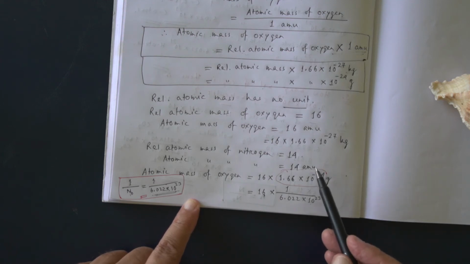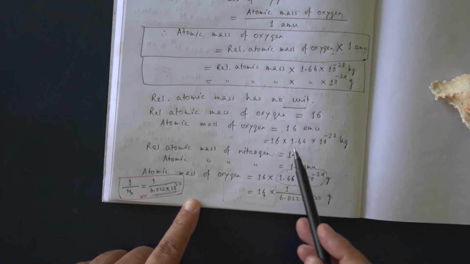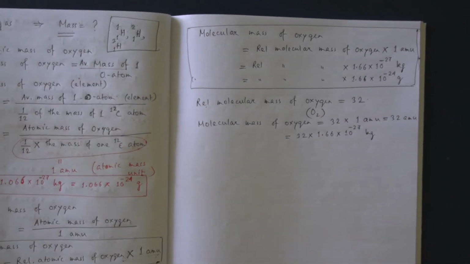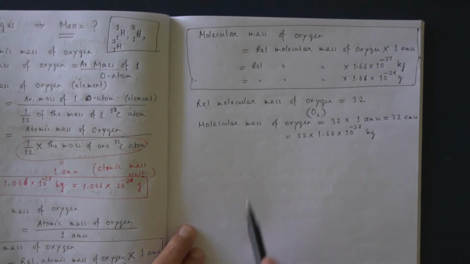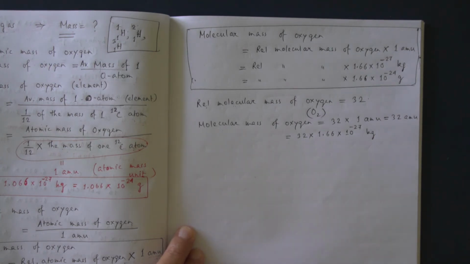And the unit can be AMU, kg, or gram. In short, when we say relative, we are comparing, that means there is no unit. But molecular mass or atomic mass has unit.